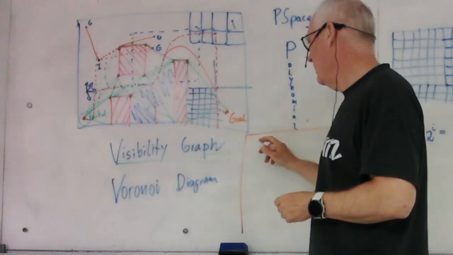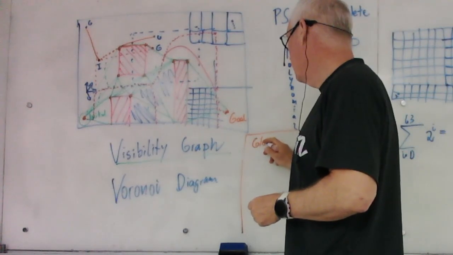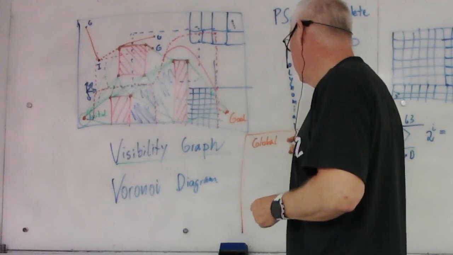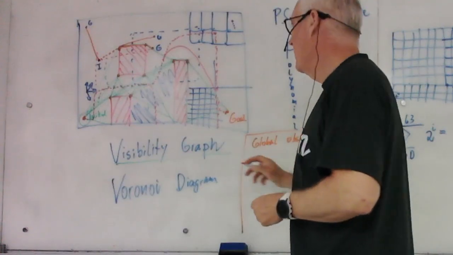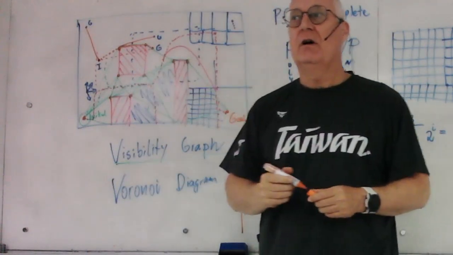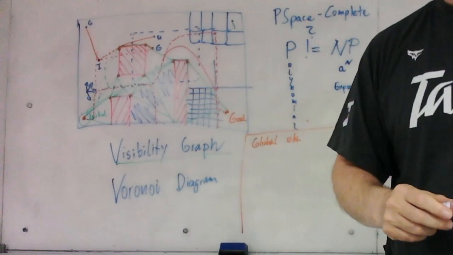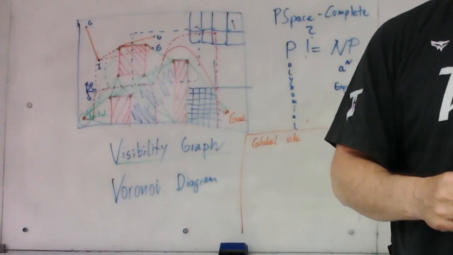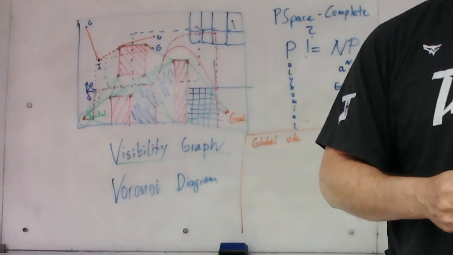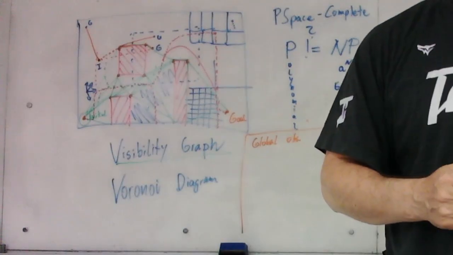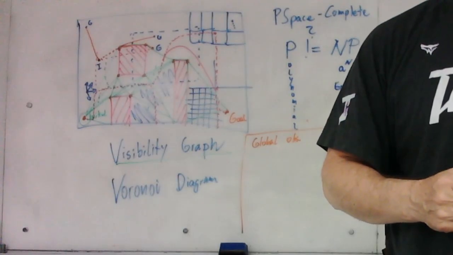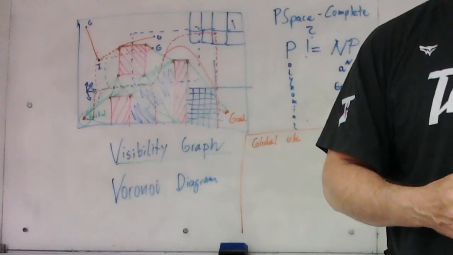Well, for one thing, I have global obstacle information. I know where all the obstacles are. If you drive your scooter from NTNU to Taipei 101, do you know where all the obstacles are? No. Definitely you don't know.